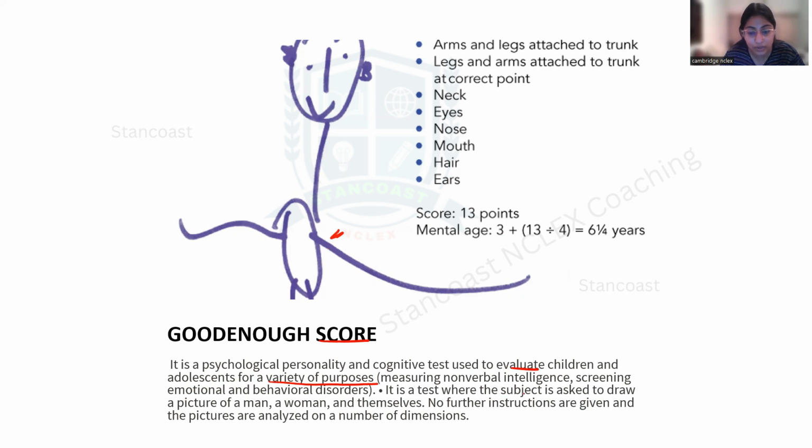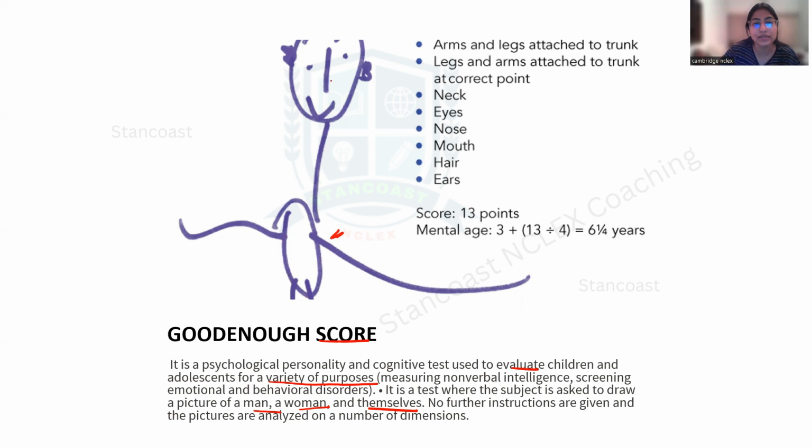It is a test where the subject is asked to draw a picture of a man, a woman, and themselves. No further instructions are given, and the pictures are analyzed on a number of dimensions. So, the Goodenough score is used to assess a person's behavior and emotional stability. It is clearly not related to the question and the activity the child is doing.